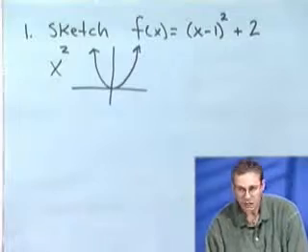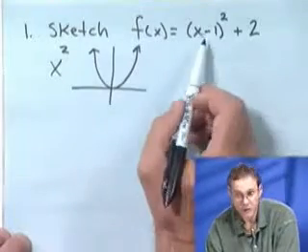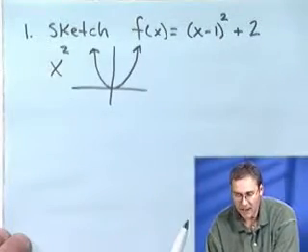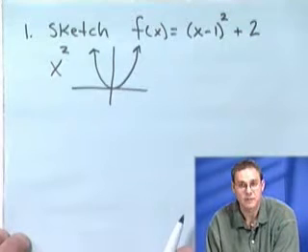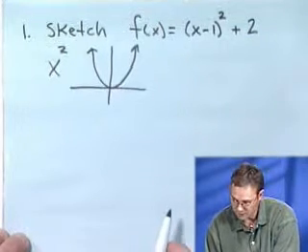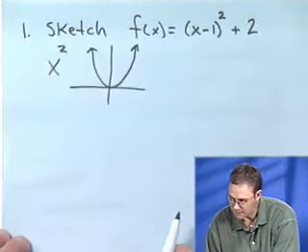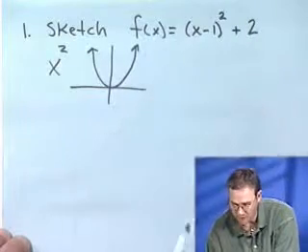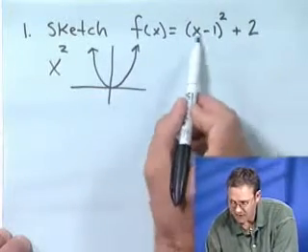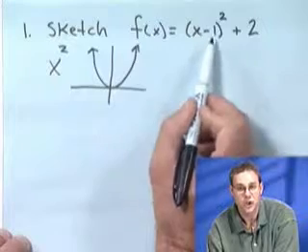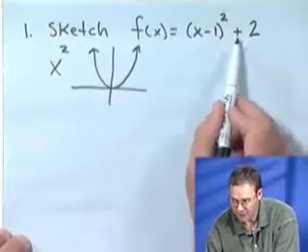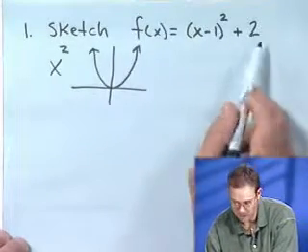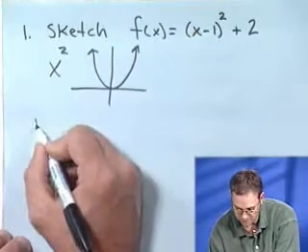So let's take a look at our shifts here. I have 2 shifts. You might want to go back and review some of those lessons on vertical and horizontal shifts if you need a little bit of work on this. But notice I have a horizontal shift to the right 1 unit, and I have a vertical shift up 2 units. So let's write that down.